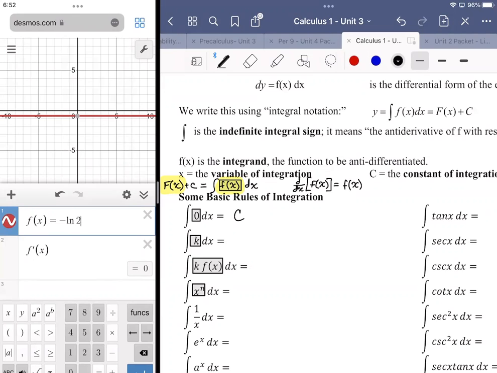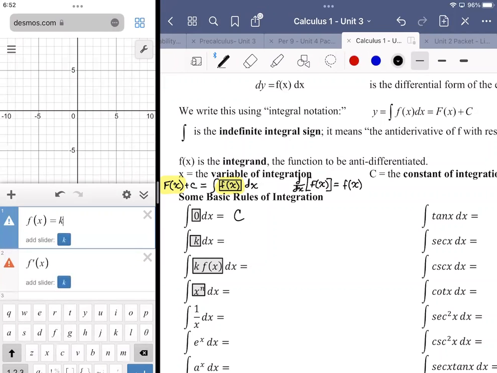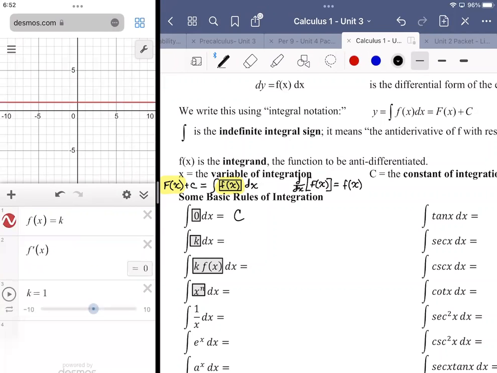So like the gravitational constant on Saturn, right? I don't know what it is, but I know it's a known value. So I would call that K, right? So what I'm looking for is some expression that has a derivative equal to K, right? So, I mean, I could try putting in a K, add a slider for it.